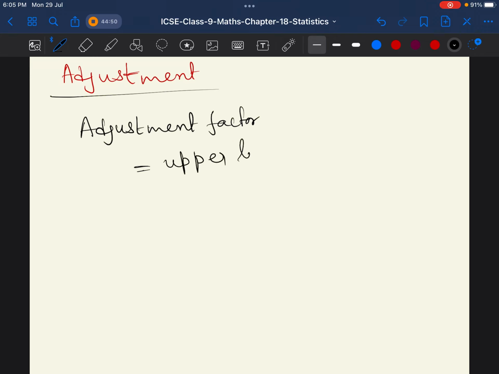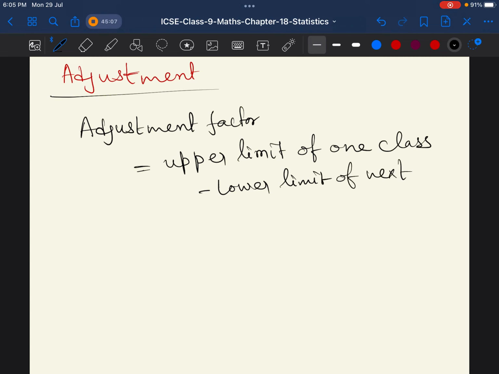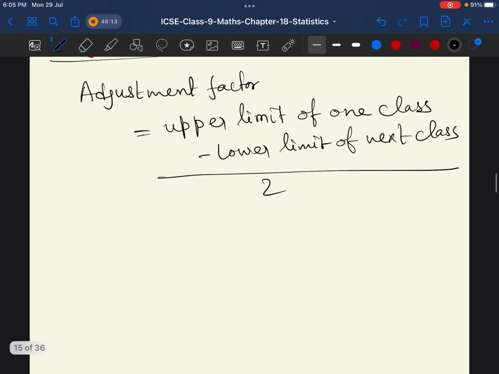So what is the adjustment factor? The lower limit of the next class minus the upper limit of one class, divided by 2. It is called adjustment factor.